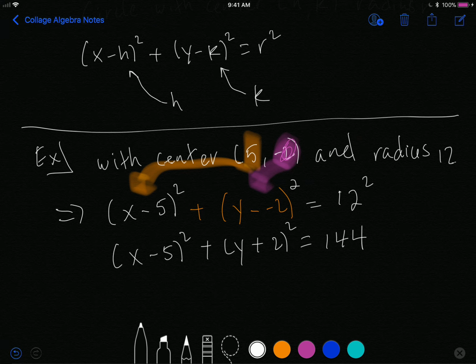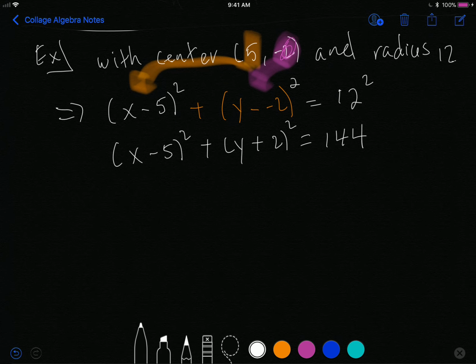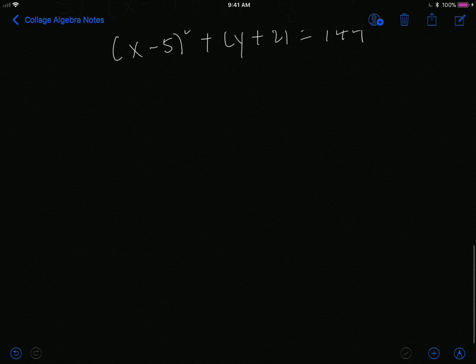Now, the other way they like to ask these questions is to work backwards. And so what they will do is they'll give you an equation and ask for the center and radius. Again, this is pretty straightforward. Lots of fun, I believe. Hopefully.